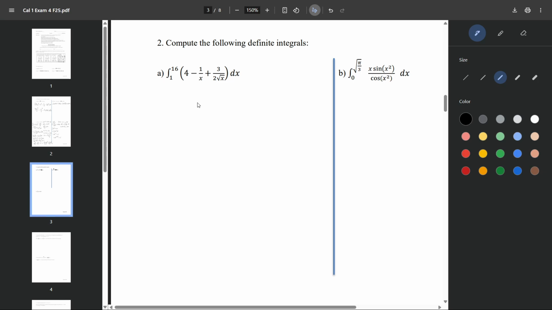So the first step for this one is to take the integral as normal.